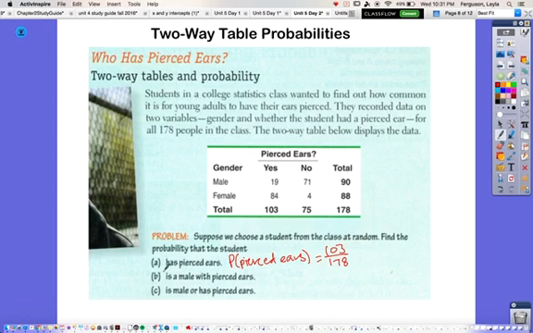All right, so the probability that a male has pierced ears, we would go to the males in the table that have pierced ears, which is 19, over the total number that we have, which is 178.